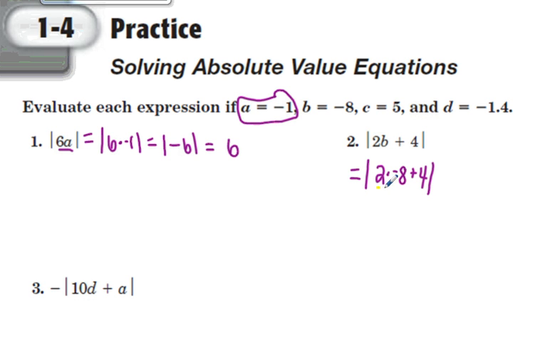Multiplication comes before addition. So first thing I'm going to be doing is multiplying together 2 times -8, which is going to give me a -16 plus 4. -16 plus 4 is going to give me the absolute value of -12, and the absolute value of -12 is +12.